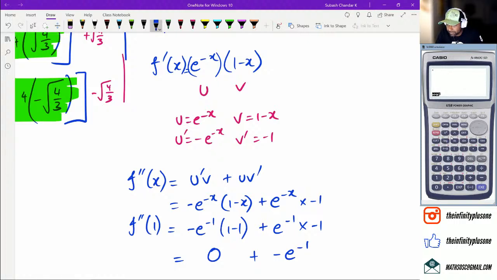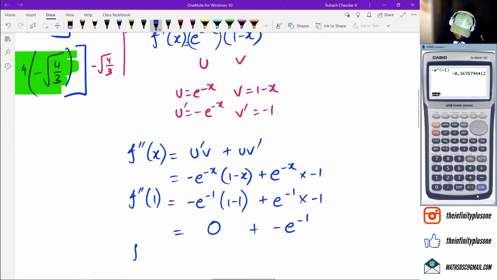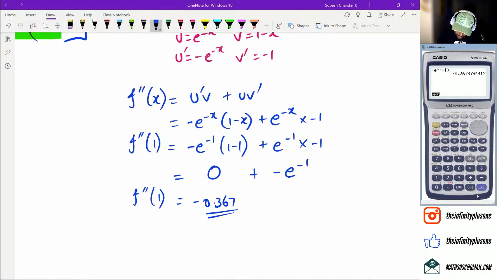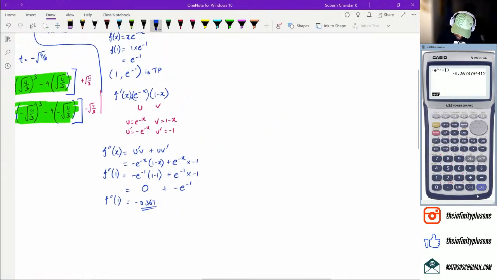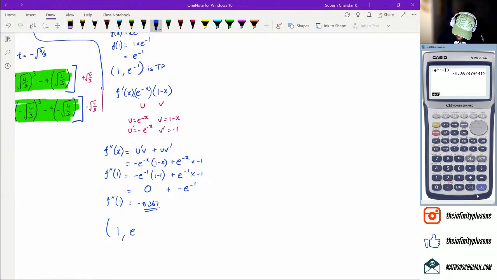Negative e to the power of negative 1 is a negative number. So f double dash of 1 equals negative 0.367. And because of that, we can say the turning point (1, e^(-1)) is a max, as f double dash of 1 is negative.